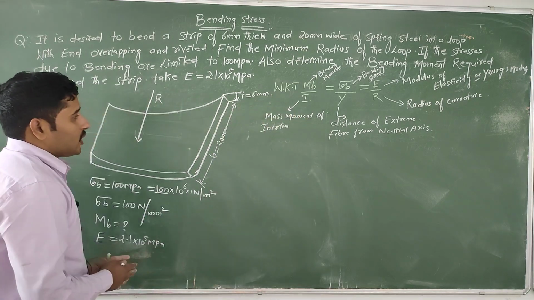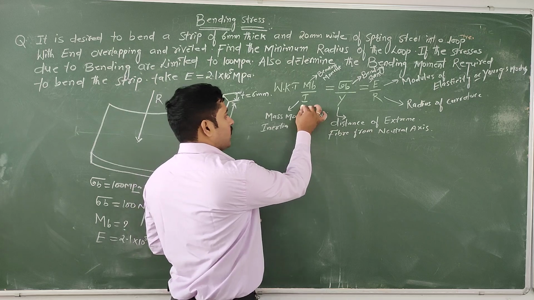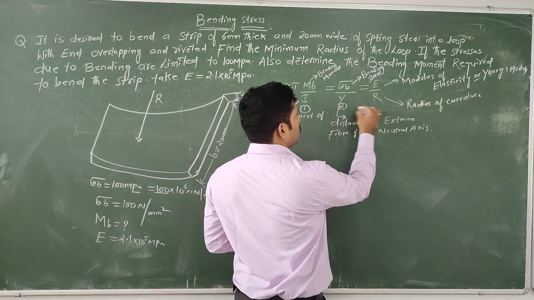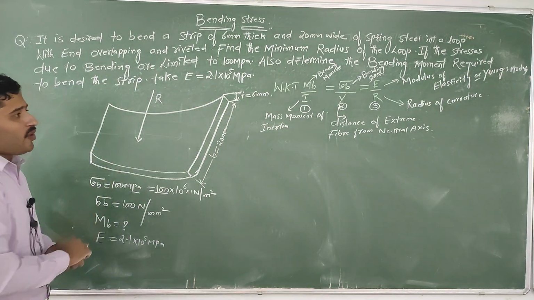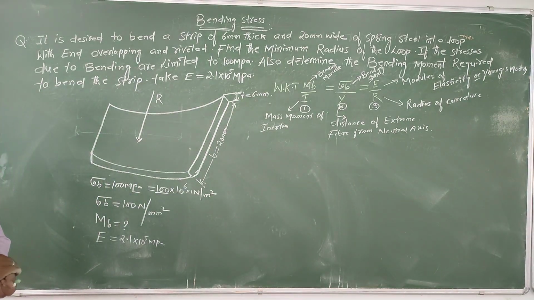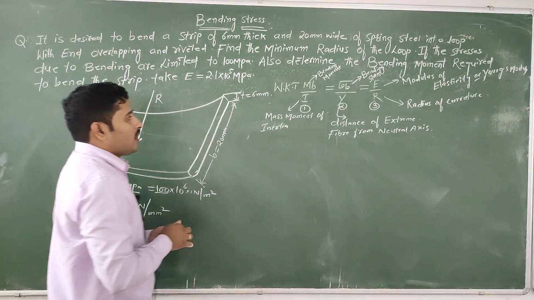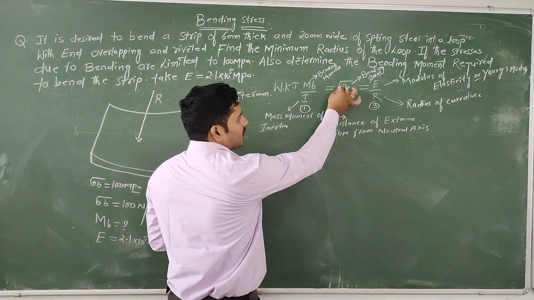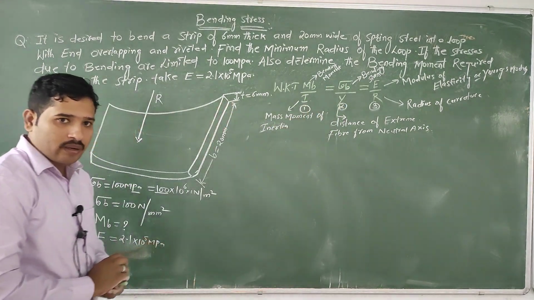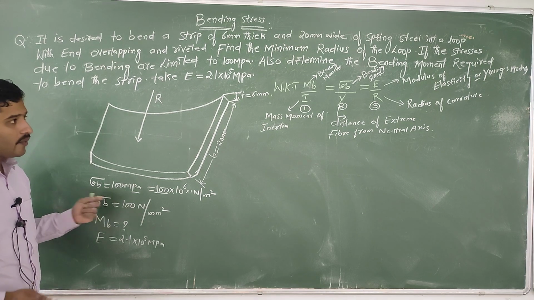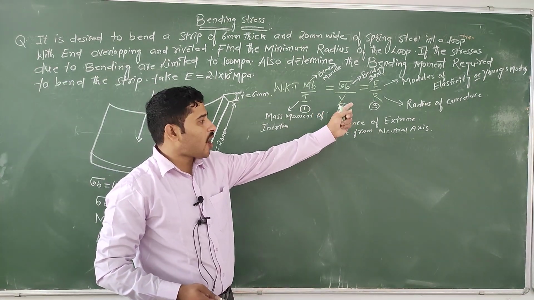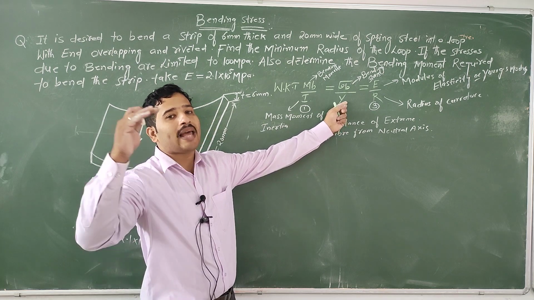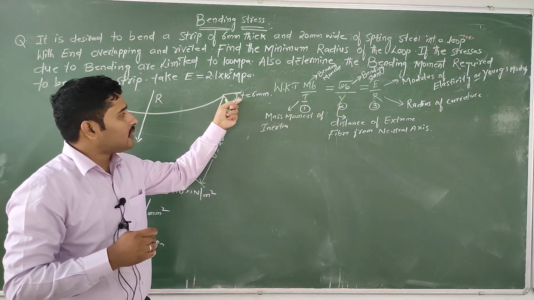So this is considered as equation 1, equation 2, equation 3. In this case, which equation do we have to use? The bending stress is given. y, the distance of the extreme fiber from the neutral axis, is thickness by 2.